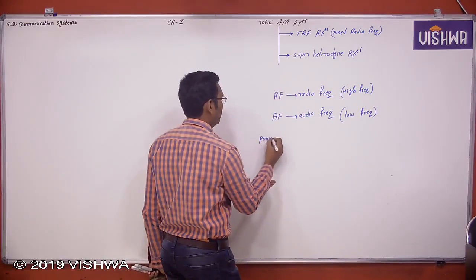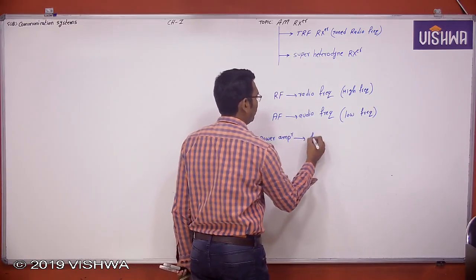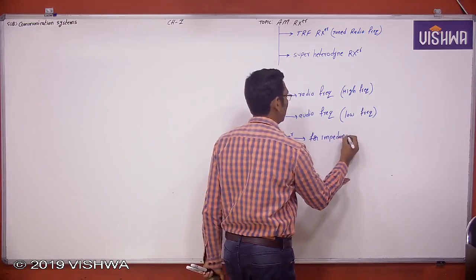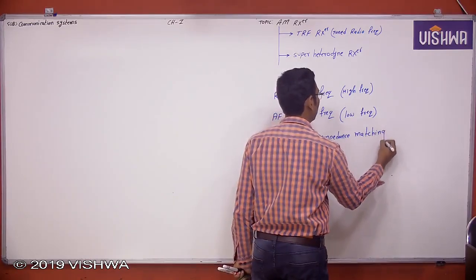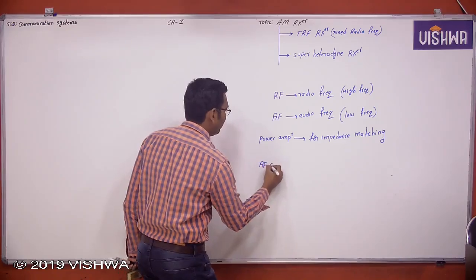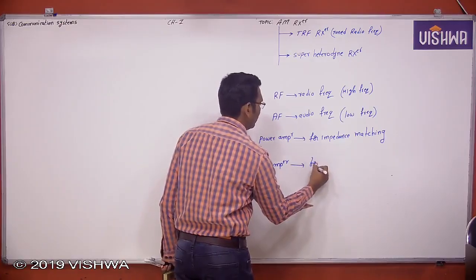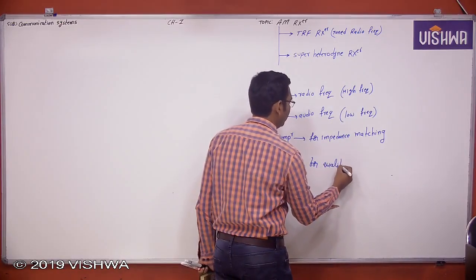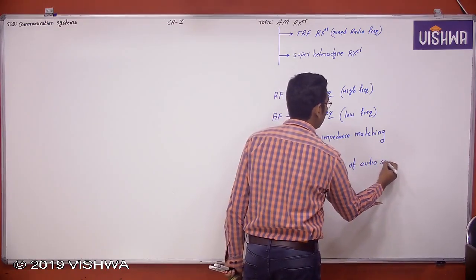Power amplifiers are used for impedance matching. AF amplifiers are used for the quality of the audio signal.